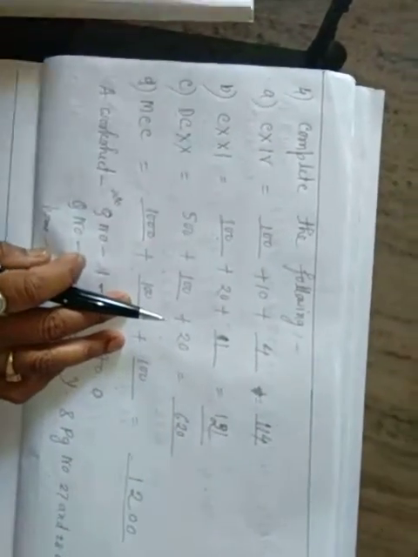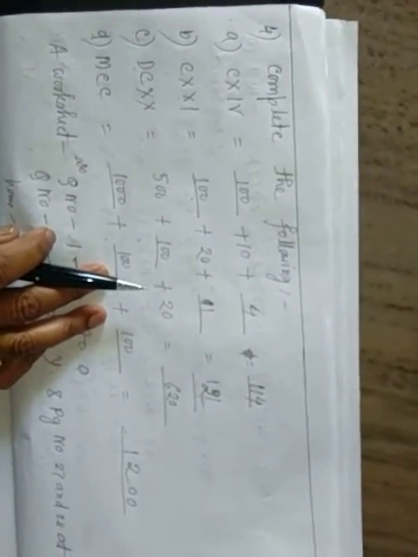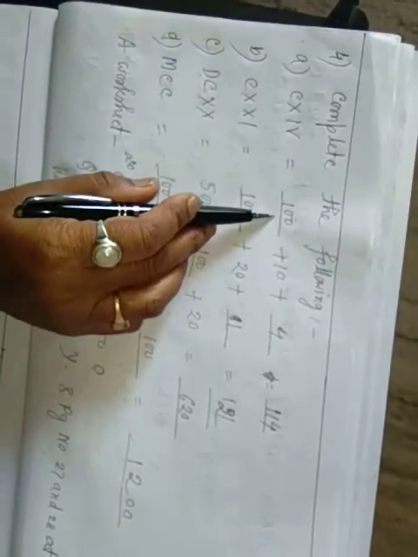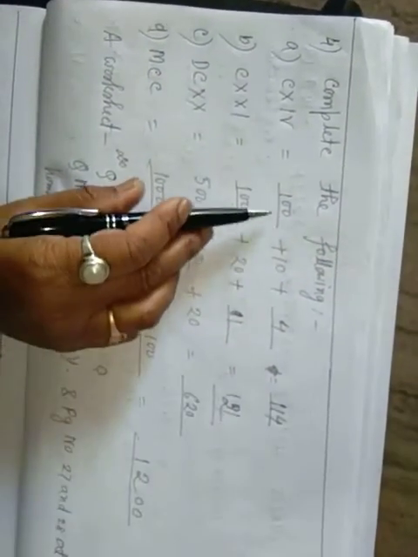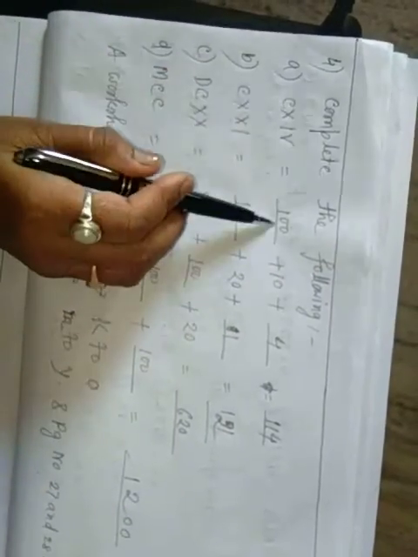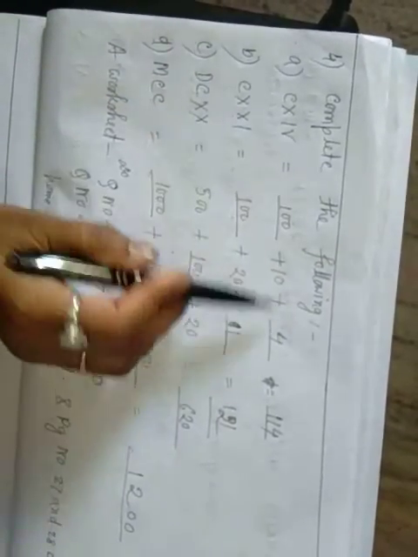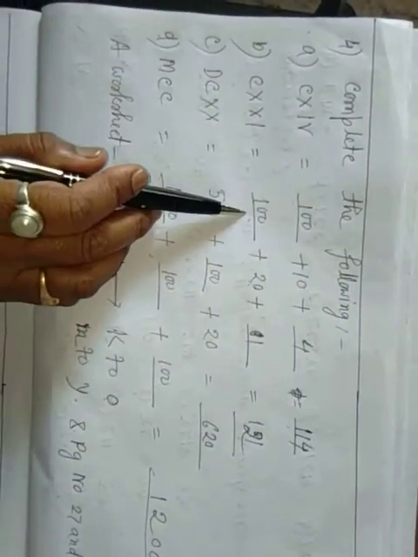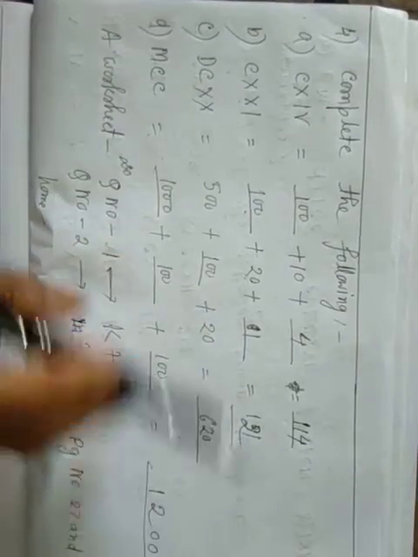Question number 4. Complete the following. CXIV: C means 100, X is 10, IV is 4, so 114. CXXI: C means 100, XX is 20, I is 1, that is 121.